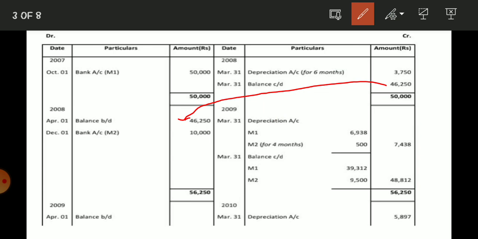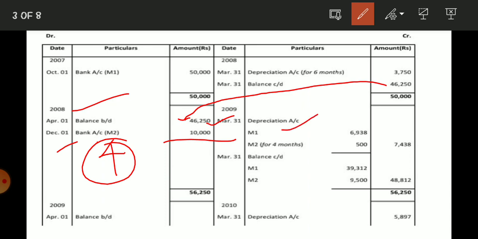On December 1st in 2008, a second machinery is purchased for 10,000. So you have to charge 4-month depreciation on it. But on the first machinery that value is 46,250, we have to charge 15% depreciation in full because in this year machinery is run full year.